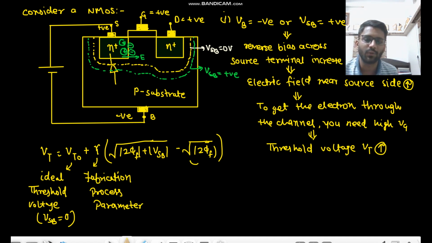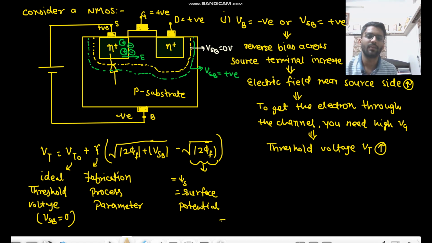And what is this 2πf? This 2πf is equal to πs, and we call it the surface potential. Okay, so this 2πf is the surface potential.